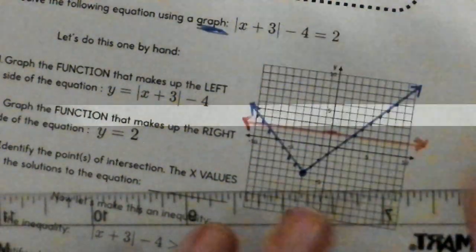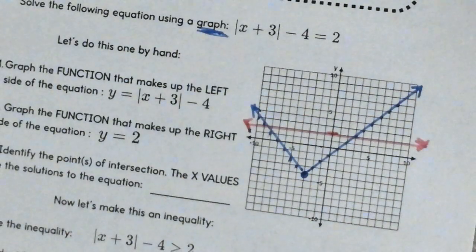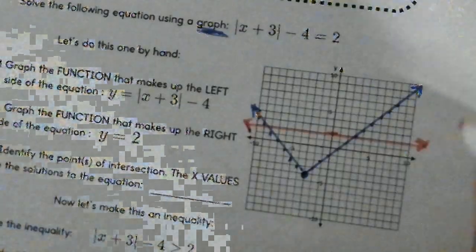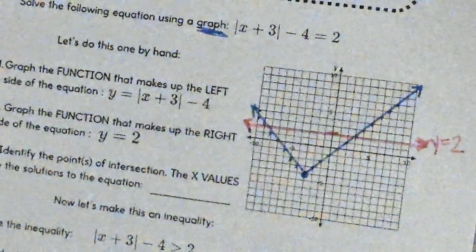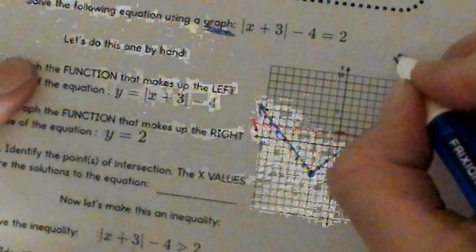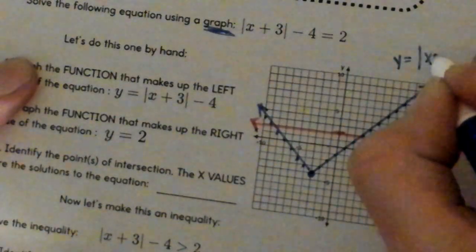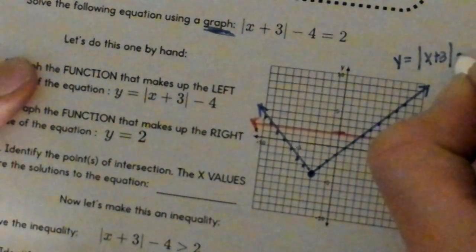Okay, so this is y equals 2. And this guy is y equals absolute value x plus 3 minus 4.